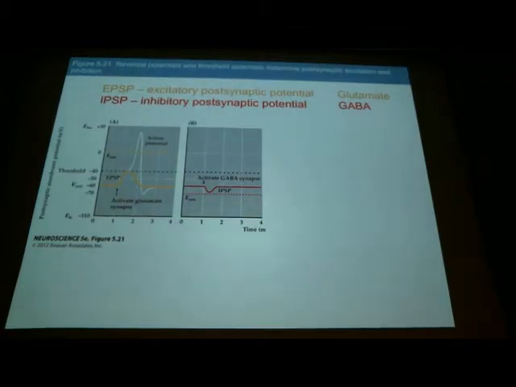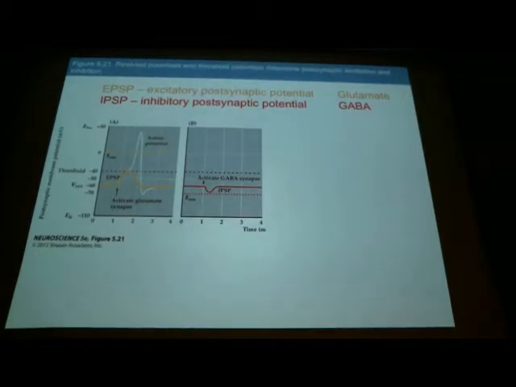Yes. So what happens if glutamate binds a receptor with the negative reversal potential? It just won't. Let's hang on. These are great questions, and they're going to be answered in due time.